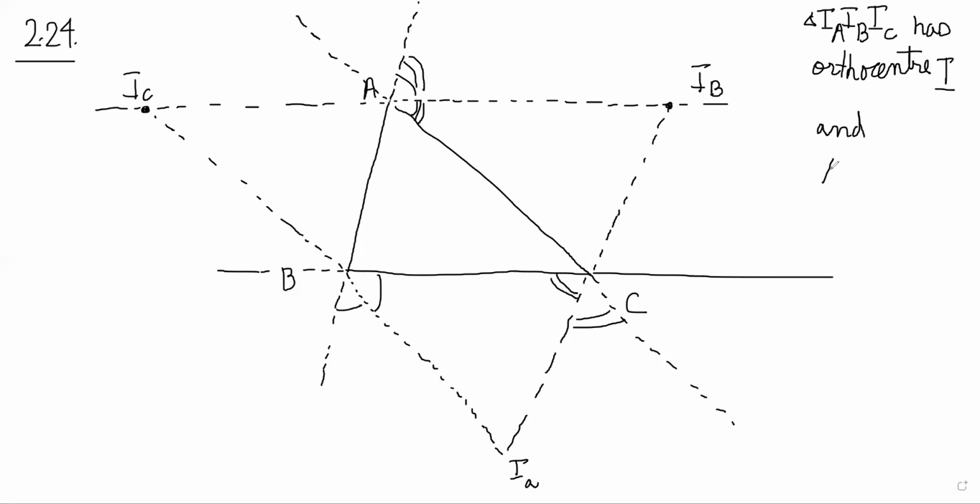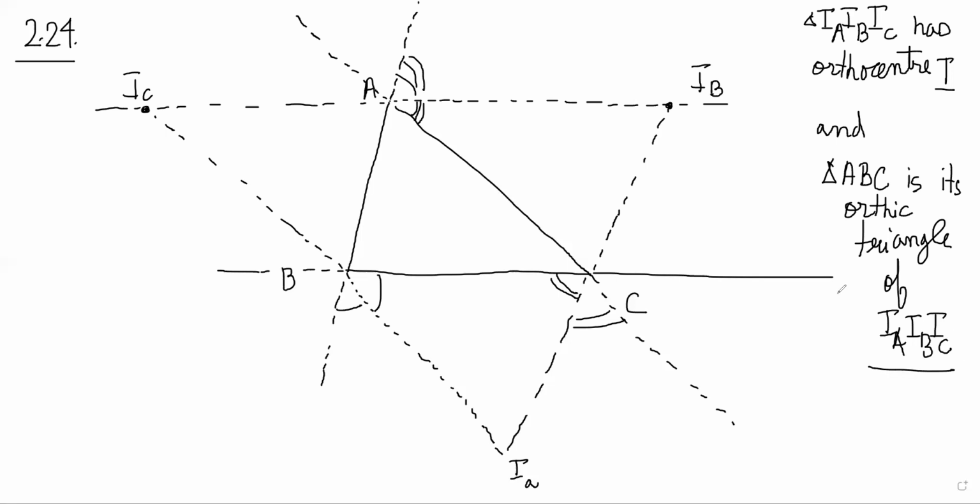And triangle ABC is the orthic triangle of basically IA IB IC, right? That is what the question means. We have to show that ABC is the pedal triangle, or orthic triangle, of the big triangle IA IB IC, right? Yeah.